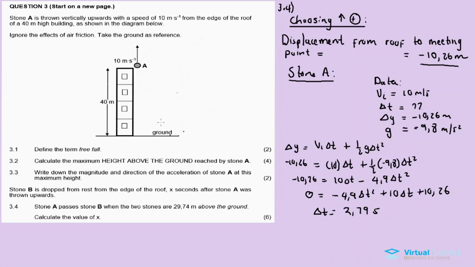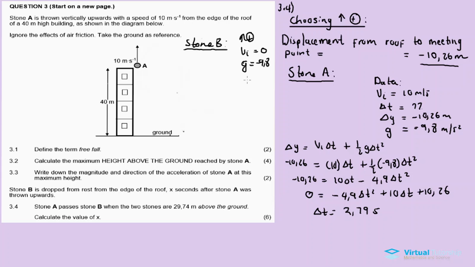But anyway, for stone B, there's no need to take out the data, or should we? Initial velocity for stone B is 0, still choosing up as positive. Stone A's final velocity is not given, since the meeting point is where we are, so for stone B I also don't have a final velocity, but g is minus 9.8.